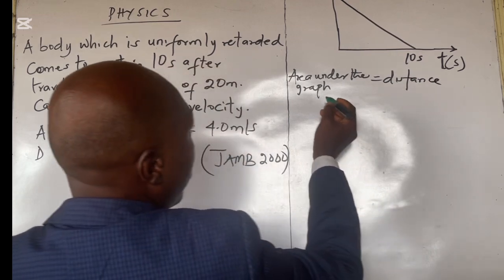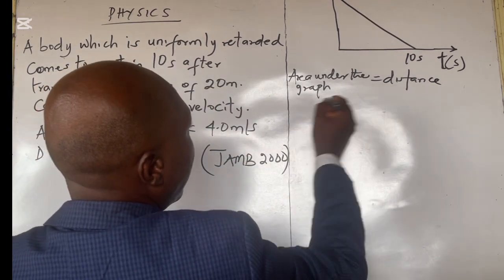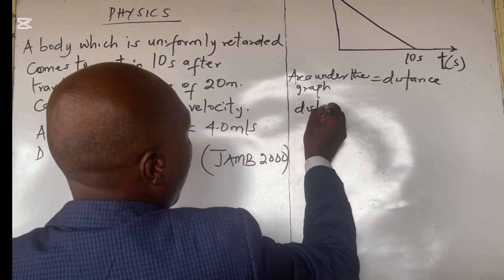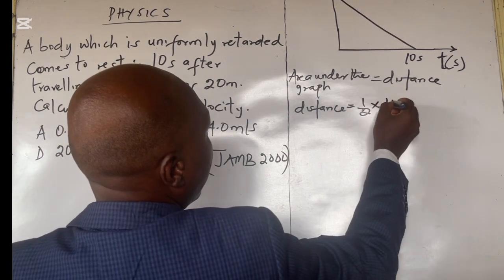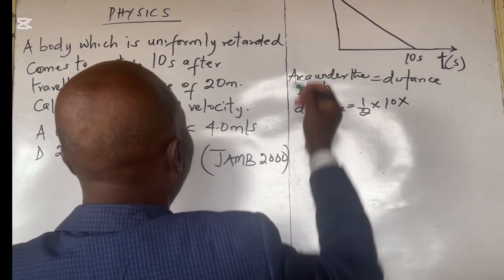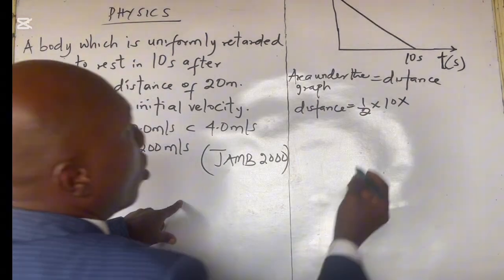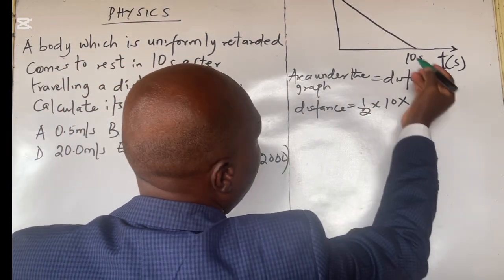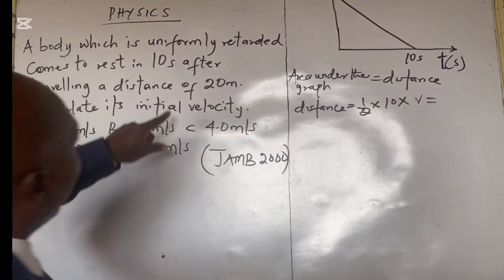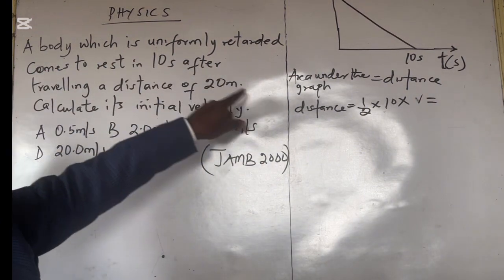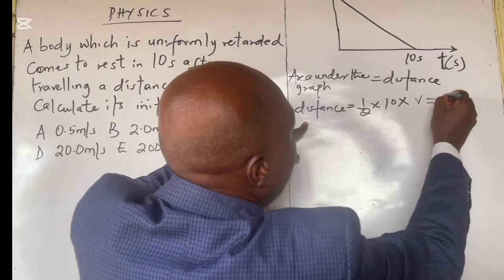So we have distance now is half base, our base is 10, times our height. That's the question they asked us to calculate. So half base, let's call it the velocity. That's the initial velocity. So in the question we are given distance is 20 meters. So 20 meters.